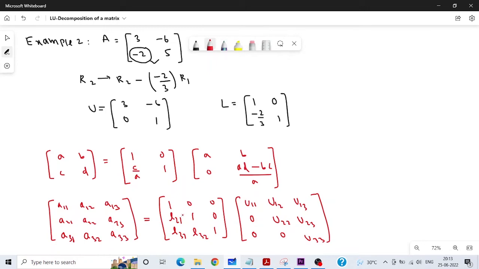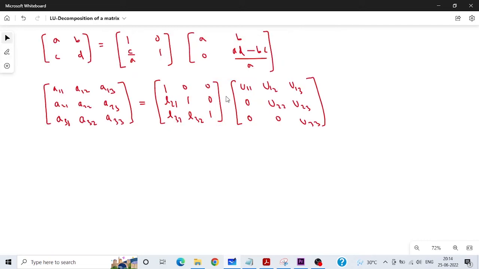Then multiplying L into U, you will get some system of equations, and by some calculation you will get the values of L21, L31, L32 and the entries of U. This is also a way of calculating LU decomposition of a given matrix by forming a system of equations. Now the question arises whether LU decomposition exists for every square matrix A.